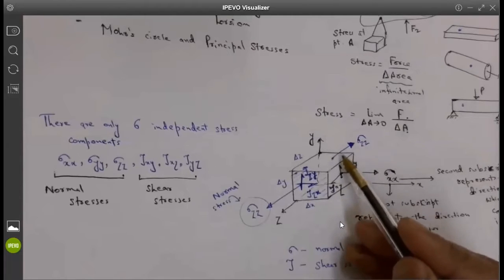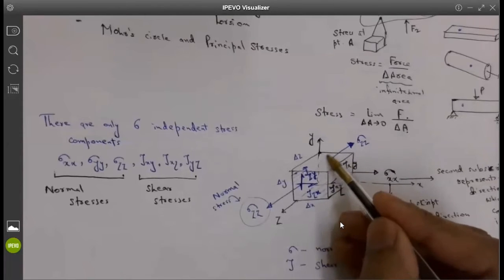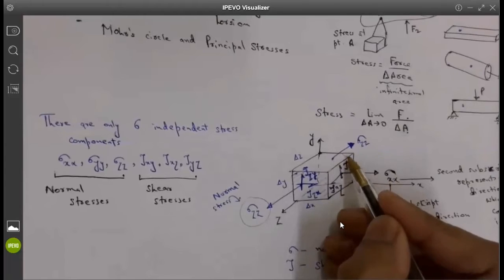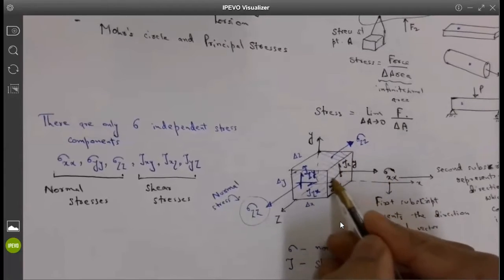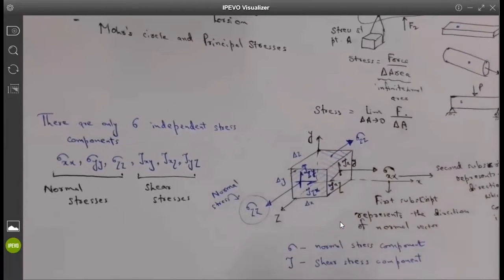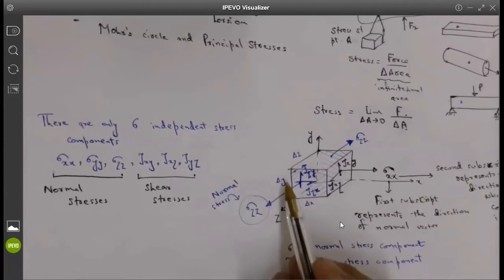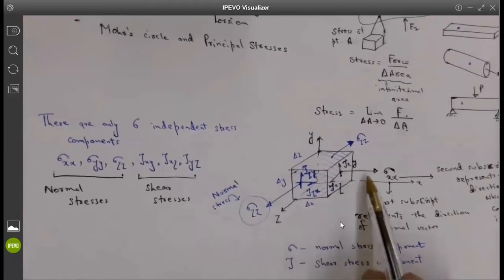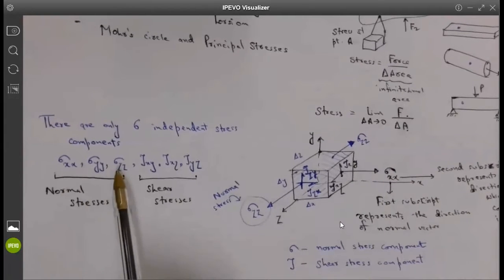That means the stress acting on the face at the back is sigma ZZ going in the other direction. Does it make sense, guys? The same thing applies for sigma XX and sigma YY. So instead of so many normal stresses, you have only 3 independent normal stresses. Is everybody getting it so far?